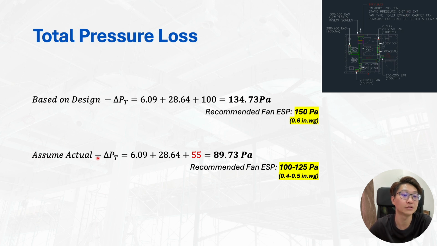So let's assume after we have selected the equipment, the duct and the fitting are the same. Then we use 55. Now the fan external static pressure reduces a bit. For a small fan, a 0.1 inch water gauge static pressure reduction doesn't cost a lot.